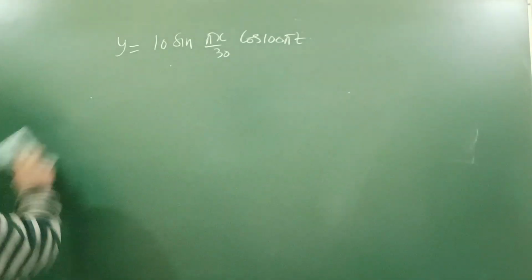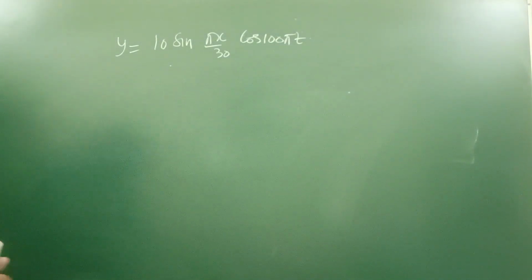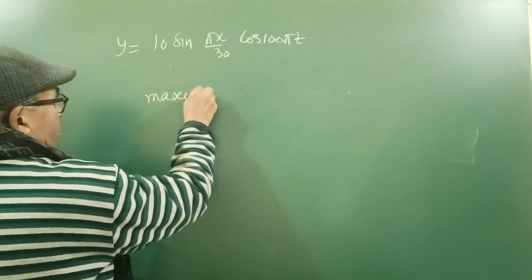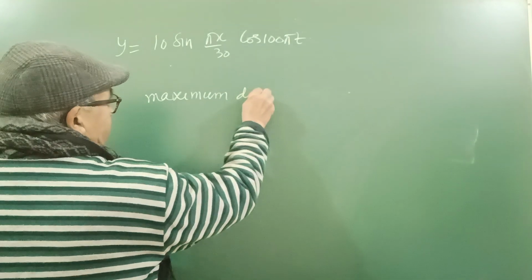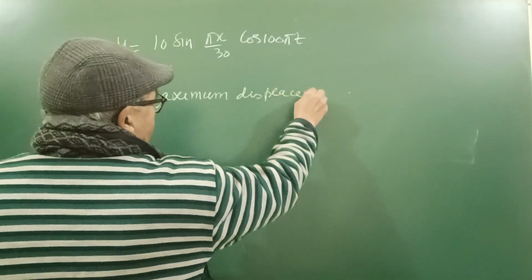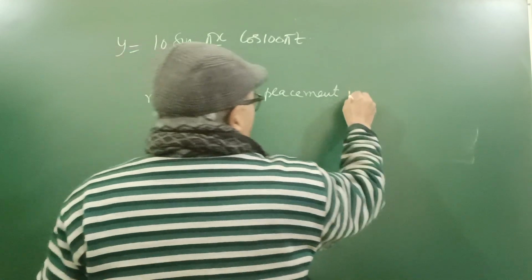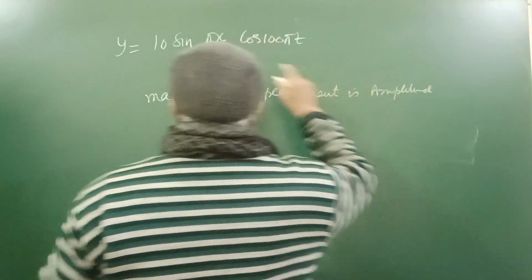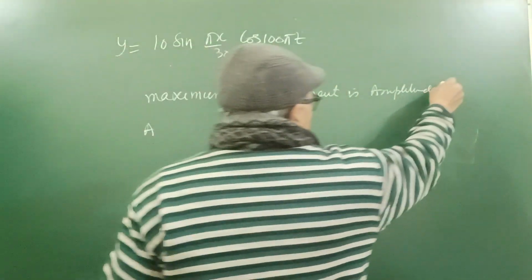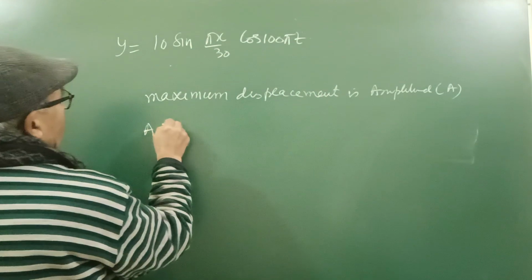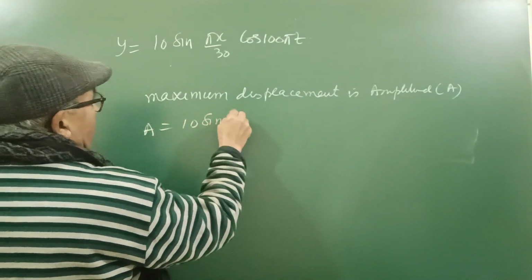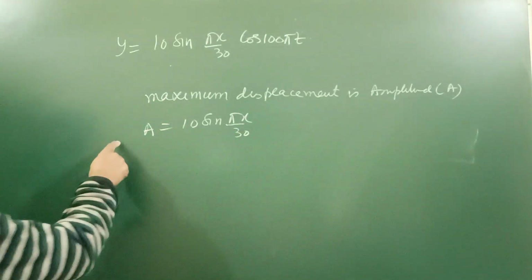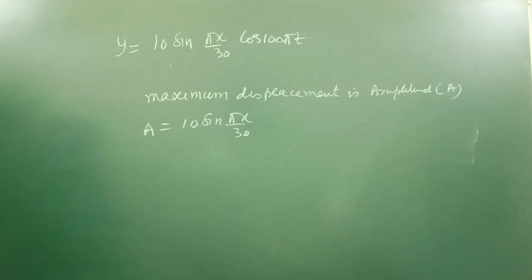Maximum displacement is called amplitude, and you know here amplitude is A. So A is equal to 10 sin pi x upon 30. This is the amplitude here.